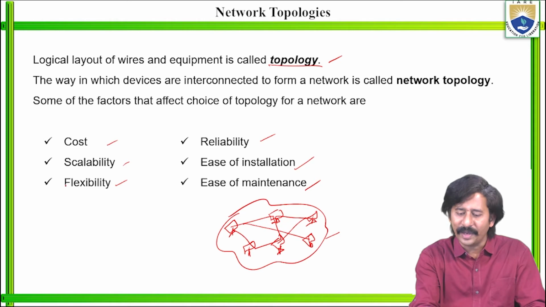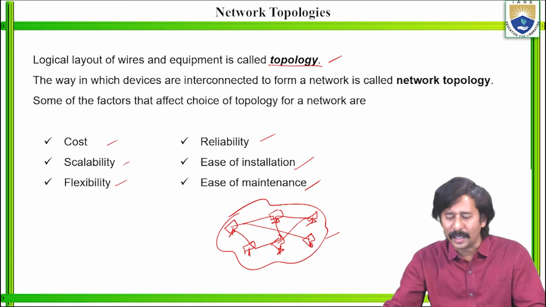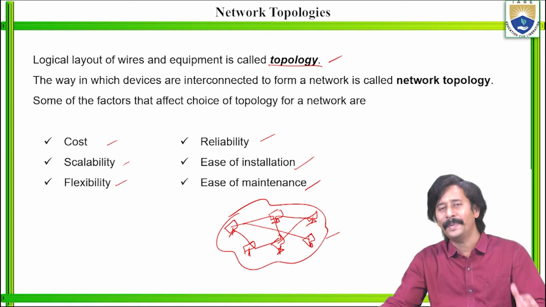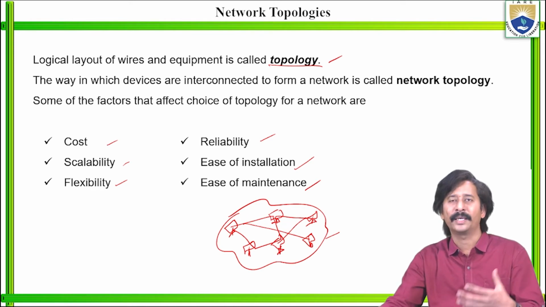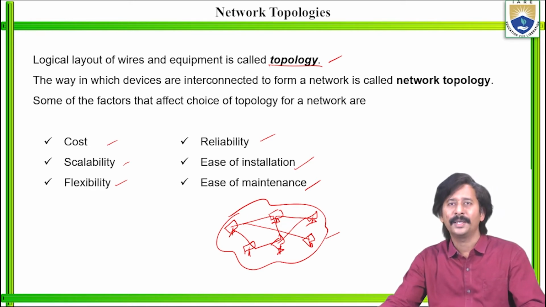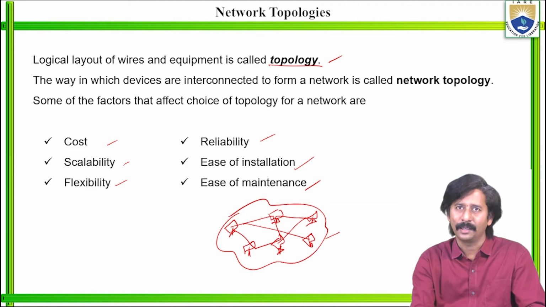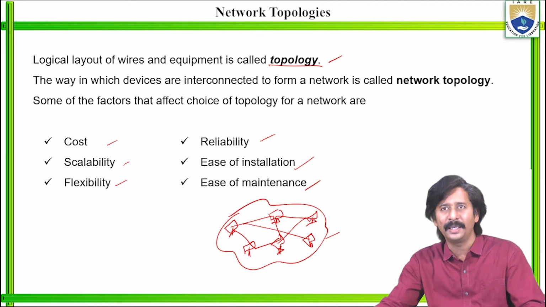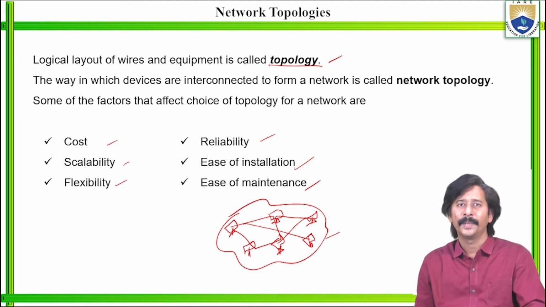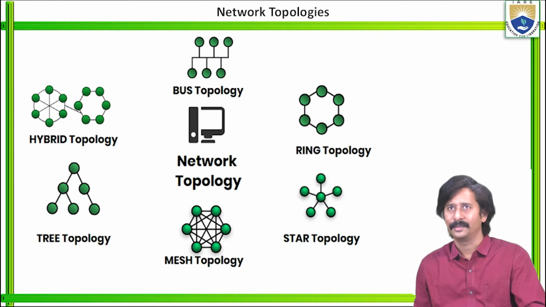So based upon our requirement, we can go for a particular topology. What is the cost? What is the reliability? What is the scalability? What is the flexibility? Ease of installation and ease of maintenance. These are the basic factors which affect the choice of topology of a network.